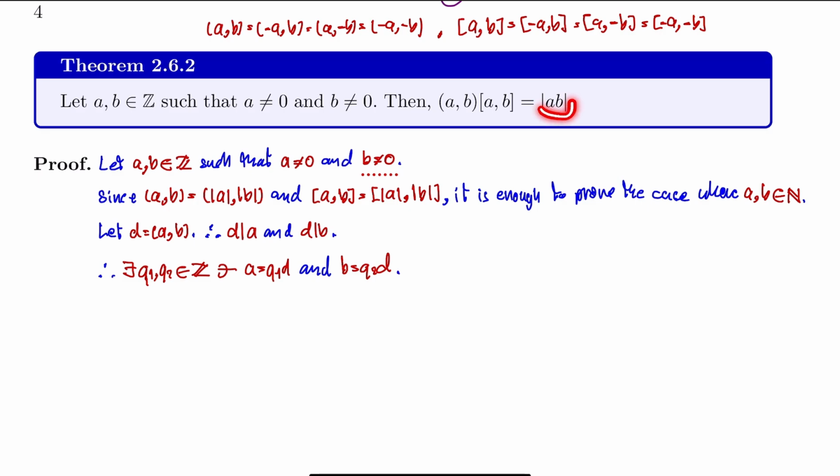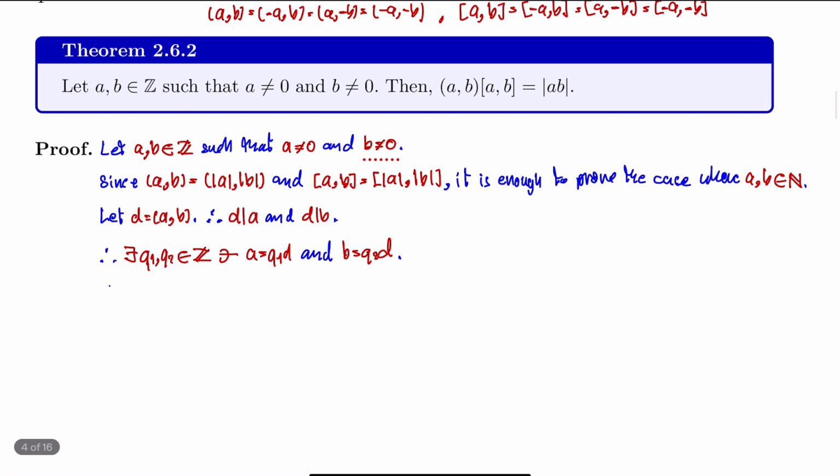I want to have a times b. What we have next is a times b equals q1 d times q2 d. So we have q1 q2 times d squared, and we divide both sides by d. We have a times b over d, which is q1 q2 d.